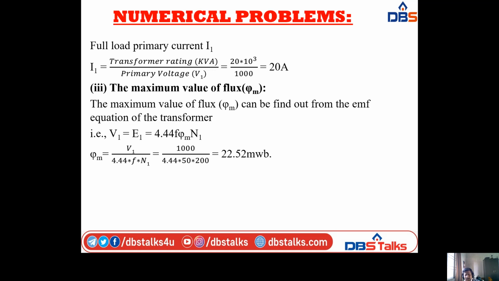Suppose I am taking E1 equal to 4.44 f phi m N1. We know E1, f, and N1, so phi m is equal to E1 by 4.44 f N1. E1 is 1000 divided by 4.44 multiplied by the frequency 50 Hz, multiplied by the number of primary turns 200. By using a calculator, the maximum value of flux in the above problem is 22.52 milliweber, otherwise 22.52 into 10 power minus 3 Weber.